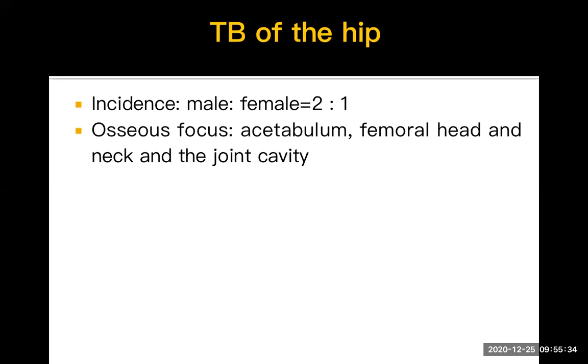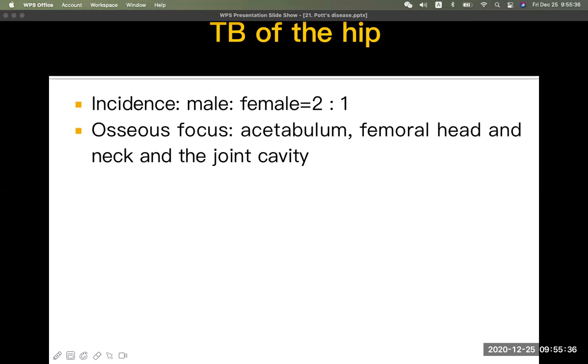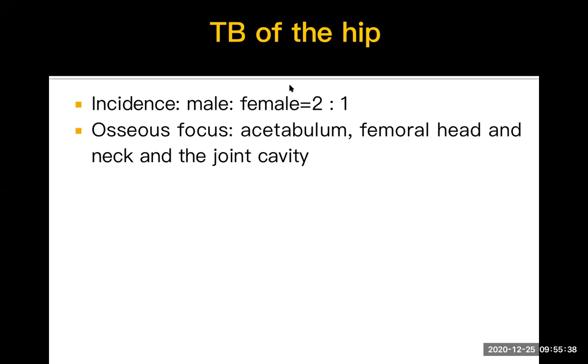This is not a very important point. Males are more commonly affected than females. Regarding the osseous focus in the hip joint, the acetabulum, femoral head, and neck of the femur, as well as the whole joint cavity, may be affected. But the two main parts of the hip joint are the acetabulum and the femoral head. Both of them can be affected here.